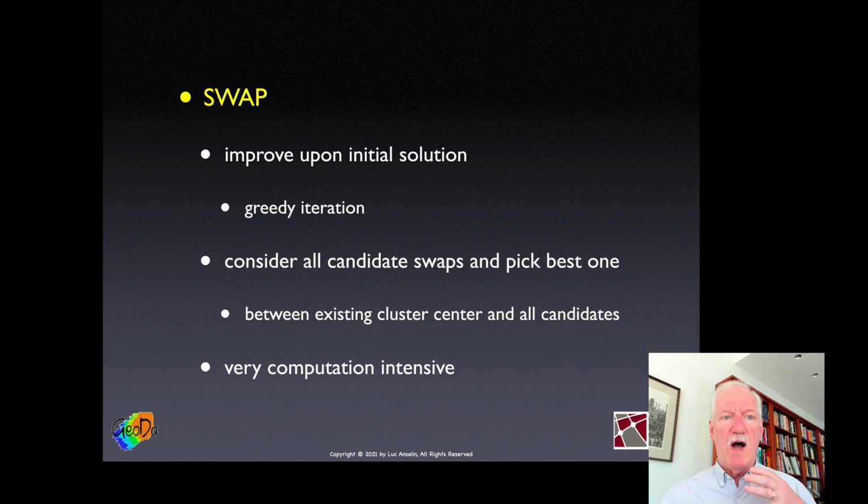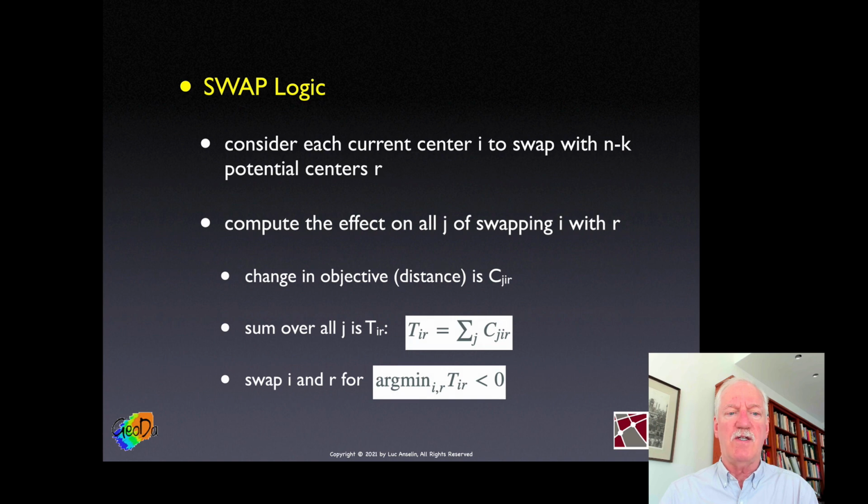And the swap procedure, at least as initially outlined in the PAM algorithm by Kaufman and Rousseeuw, is extremely computationally intensive because it actually looks at all the possible swaps between the K current centers and the n minus K remaining centers. So for each of these K centers, we do n minus K evaluations. So that can very quickly run up when K is large and n is large.